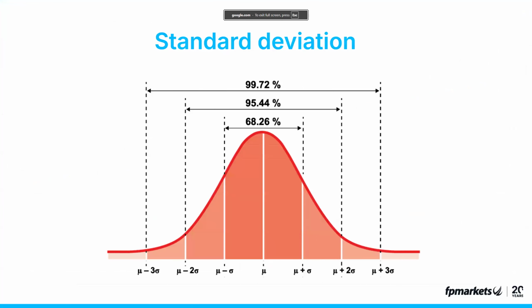Okay, so look, standard deviation. I will try not to spend a long time on this, but I do think it's worth spending some time to understand this. So here you have what's referred to as a standard bell curve. This is, of course, not an accurate representation of price action, as prices are not normally distributed. What do I mean by that? Well, I'm sure you're well aware the financial markets can be quite an unpredictable beast.